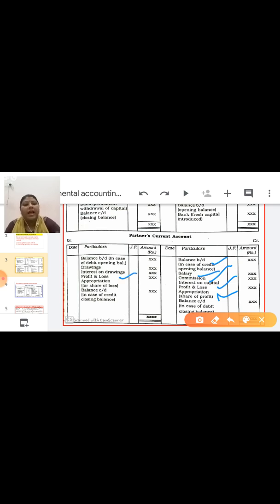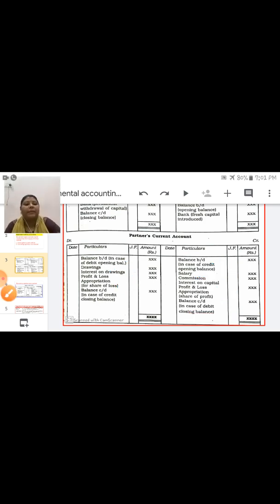Interest on drawing, and if drawing is given, write down drawing also. And if there is loss, you have to transfer share of loss. Now after that you have to do the balance c/d. Balance c/d you know how to do. Do the total of both sides and write down on which side. If debit side is shorter, write down on the debit side.